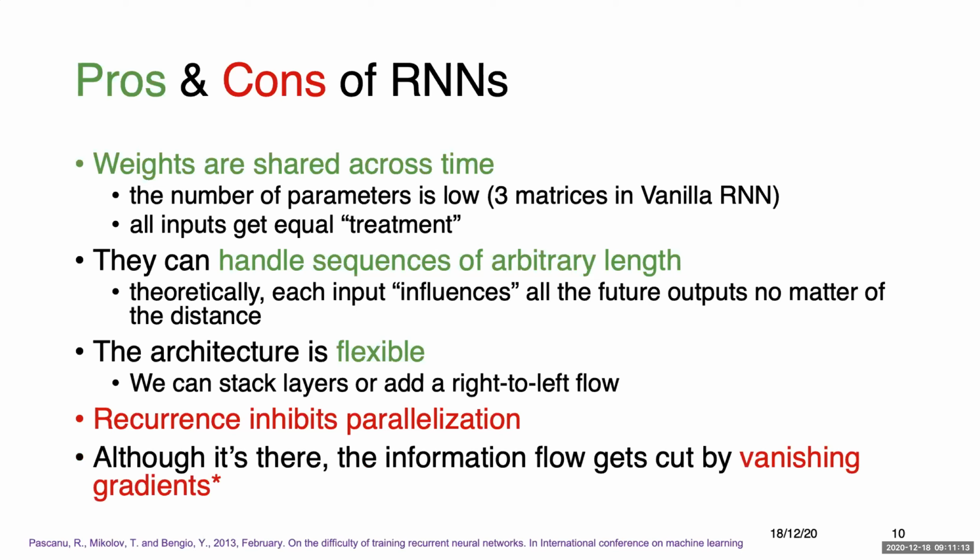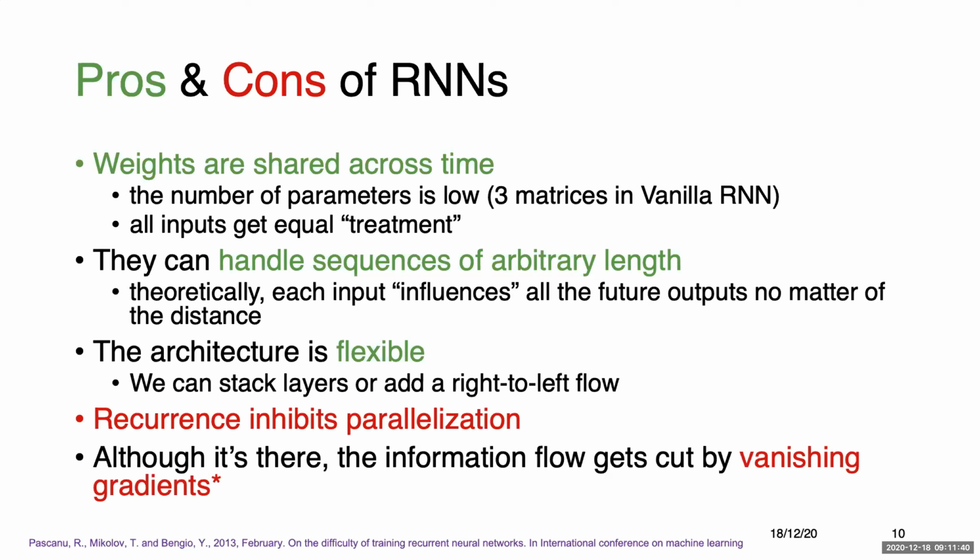So the computation is going to be much heavier from a computational point of view. And also, even if the influence of each input on future outputs is there, the information flow gets cut by the problem of vanishing gradients. As I said in the second slide, the gradient is a way to tell how great was the influence of every input over every parameter in the network for the final loss.